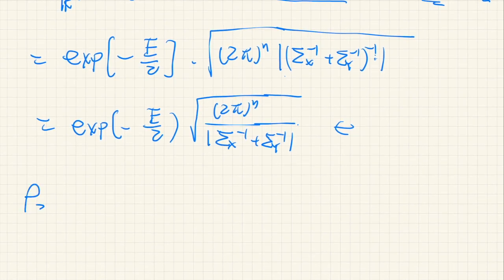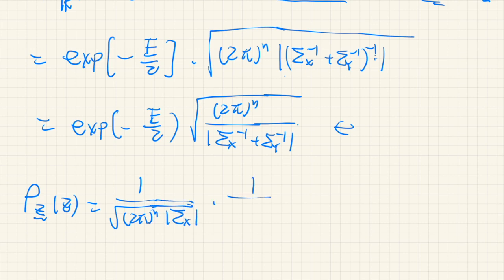Now let's put this back into the original integral. Then we have rho z as, what was it? 1 over 2 pi to the power of n sigma x here, and 2 pi to the power of n sigma y here.